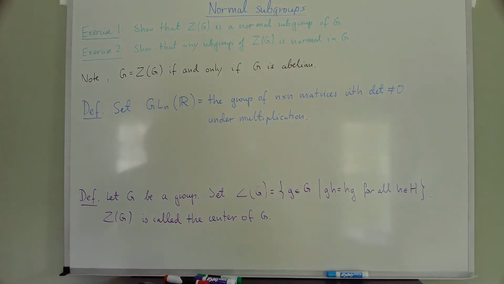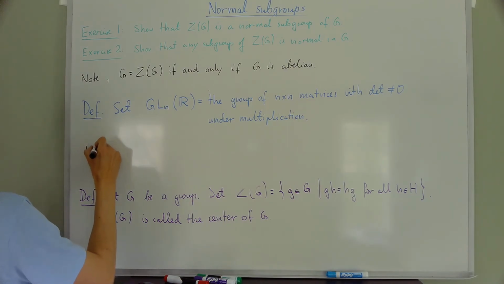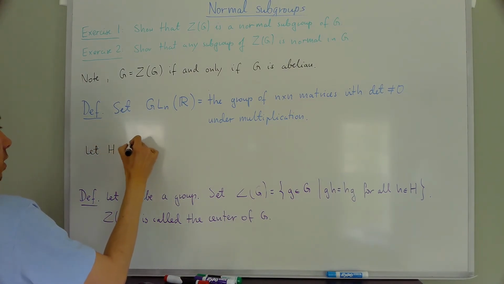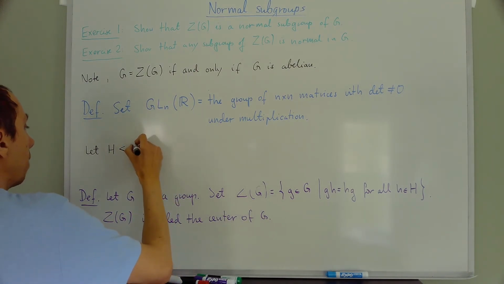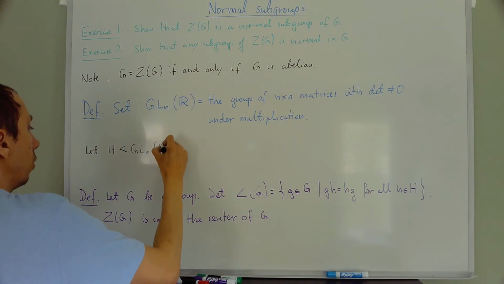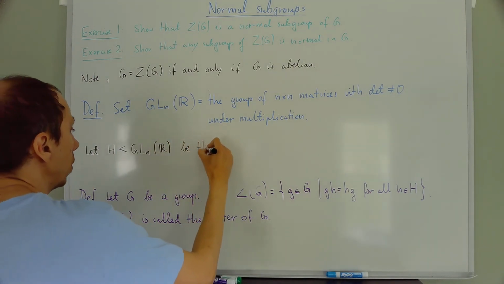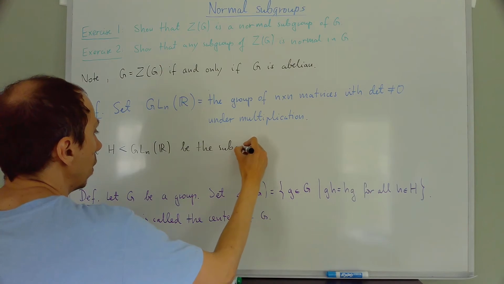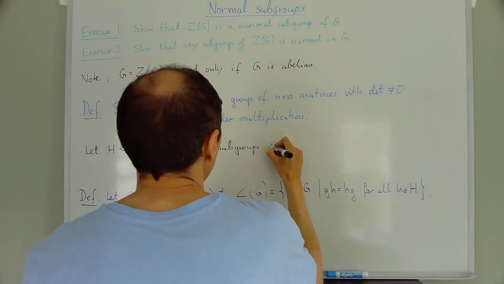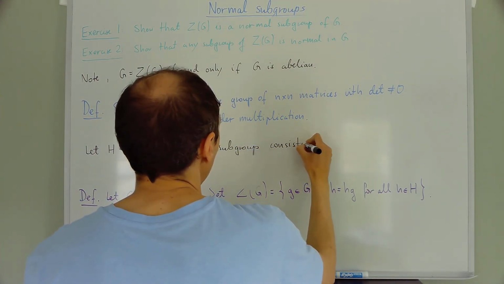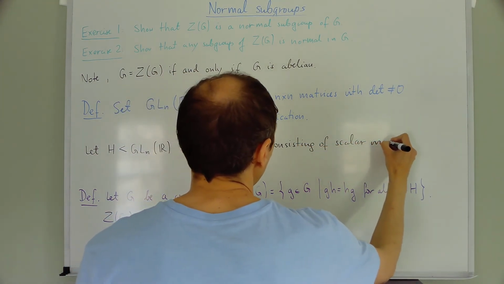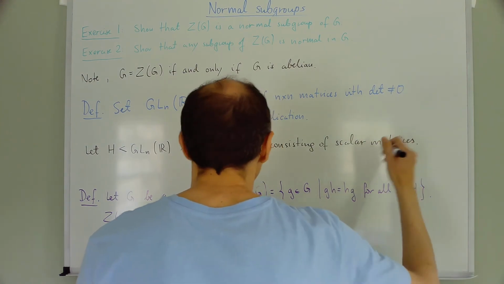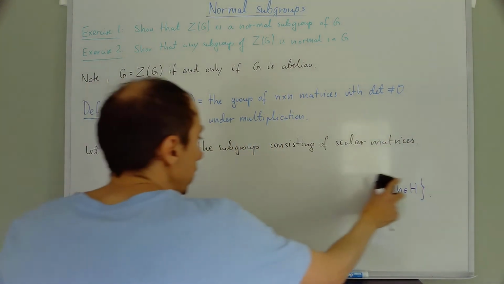So I can look at the following subgroup. Let H inside GL_n(R) be the subgroup consisting of scalar matrices. What is a scalar matrix?